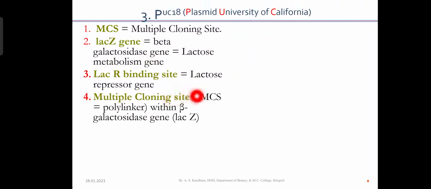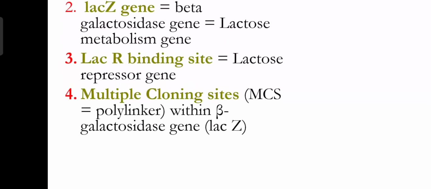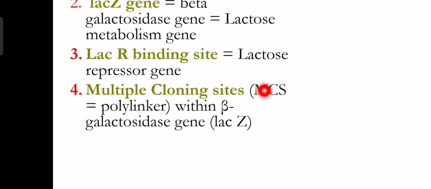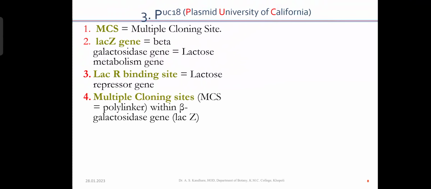This lacR binding site, that is the lac repressor gene, controls this lactose metabolism. Multiple cloning sites, that is MCS, are also called polylinker. Okay, so this is the word you can see. It is used synonymously: MCS, multiple cloning site, polylinker. So this polylinker or MCS is within the beta-galactosidase gene, that is the lacZ gene.